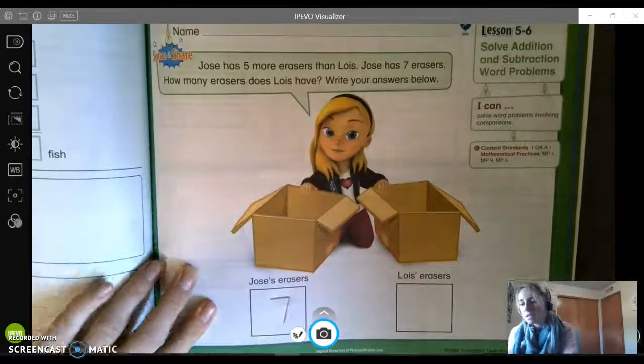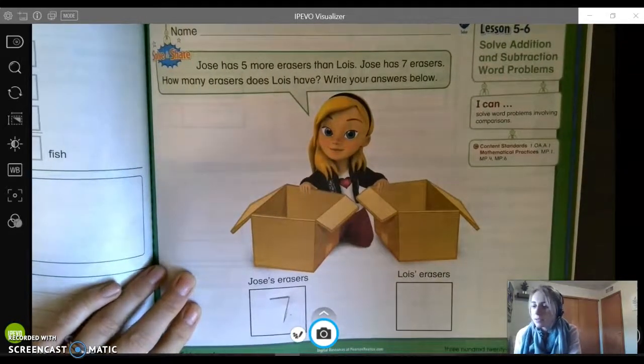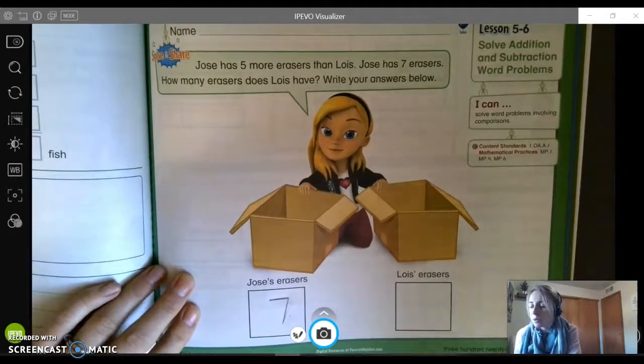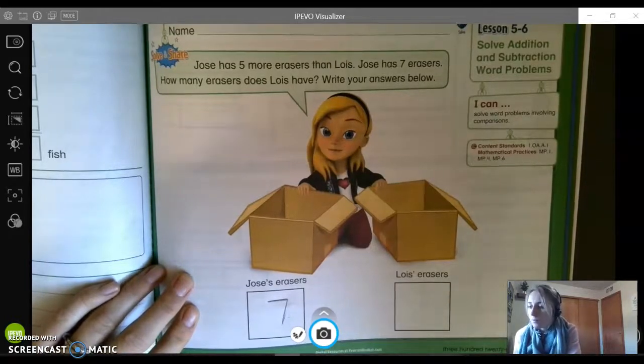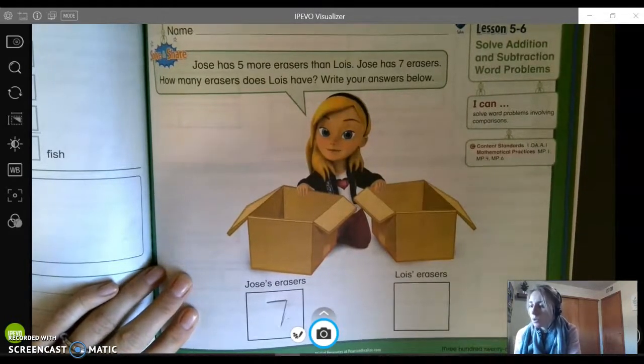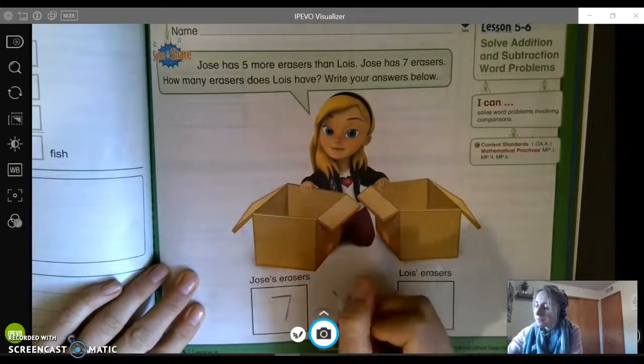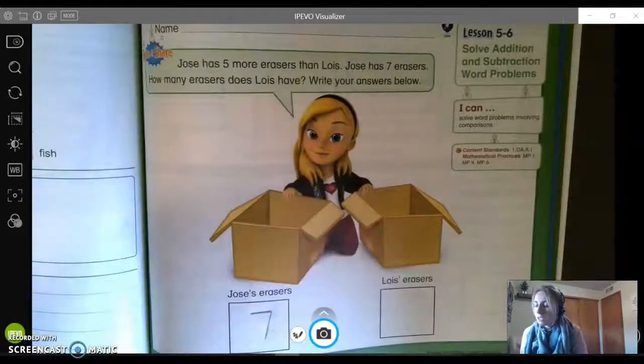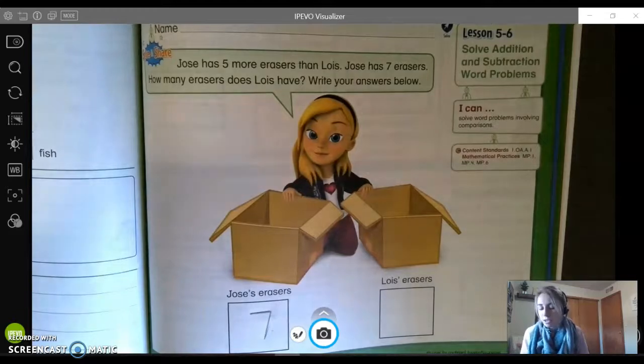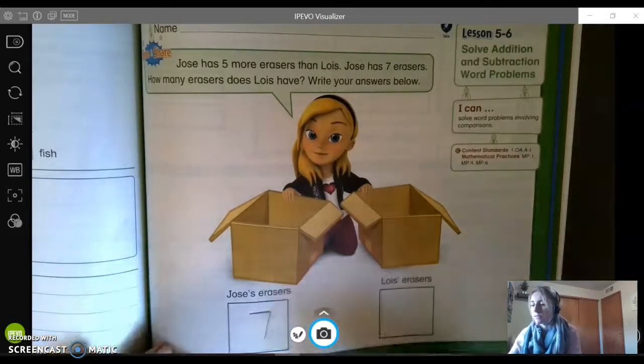And then it says that Jose has 5 more erasers than Lois. So to figure out how many that she has, we're going to take away 5 from 7 so that we can know how many she has. Because if he has 5 more, that means that she has 5 less.